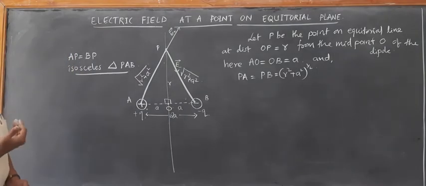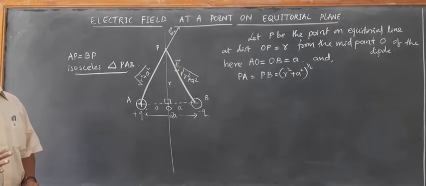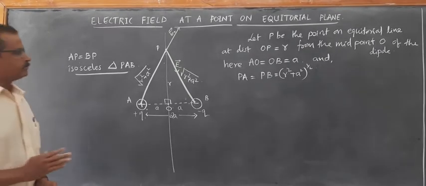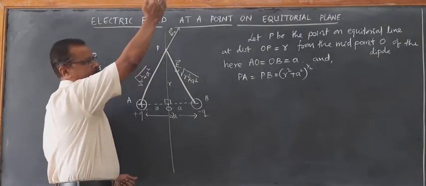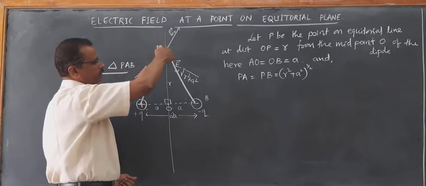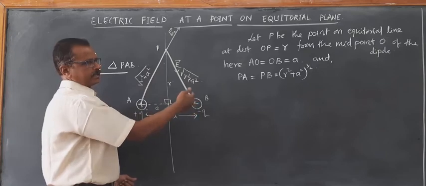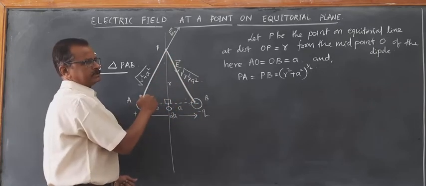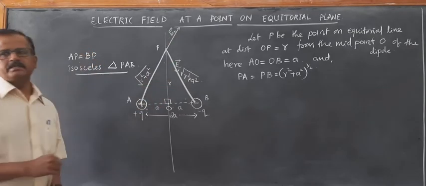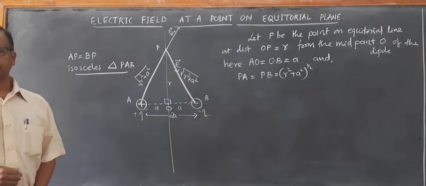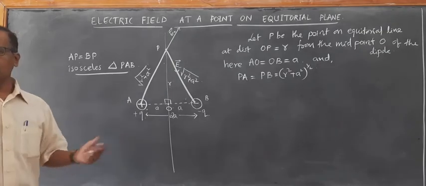First we will write the magnitudes of E plus and E minus, but their directions are different. One is due to the repulsive force, acting along AP extended. The other is due to the attractive force, E minus, acting along PB. Therefore, we need to find the resultant electric field with the help of these two vectors E plus and E minus. But the magnitudes of E plus and E minus are equal.